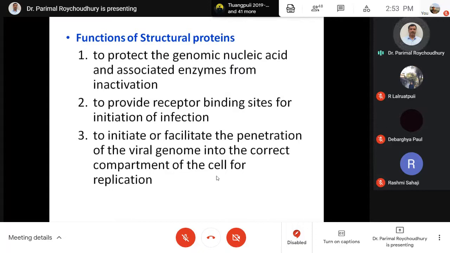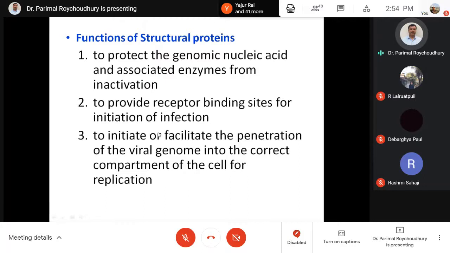Now, if you see the functions of structural proteins, then you'll find basically they give protection to the internal structures of the virus so that the nucleic acid remains protected and doesn't get inactivated by the external components. Okay.